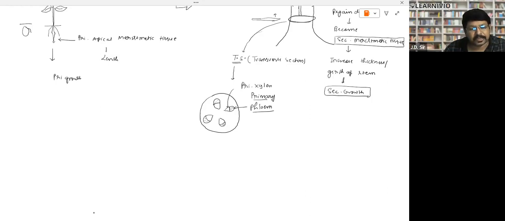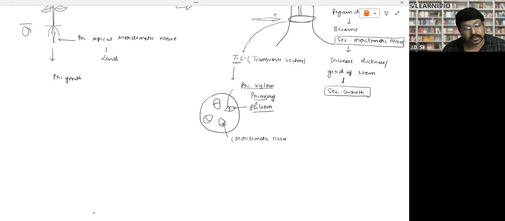We have already discussed that xylem is meant for conduction of water and phloem is meant for conduction of food. Between the xylem and phloem tissue, there are some sandwiched tissues which are meristematic, which means they can divide.